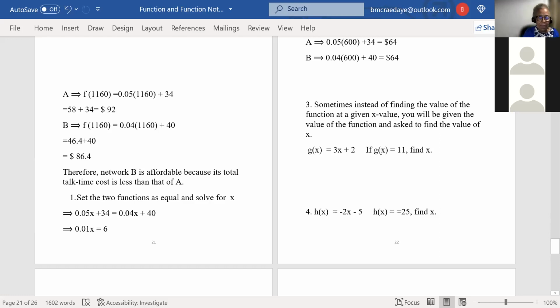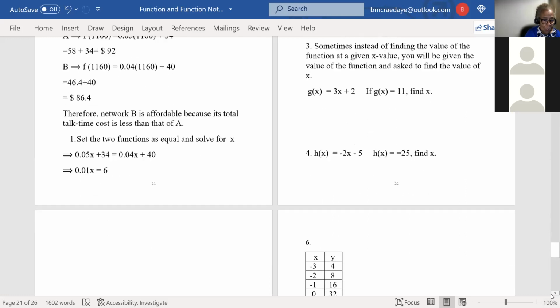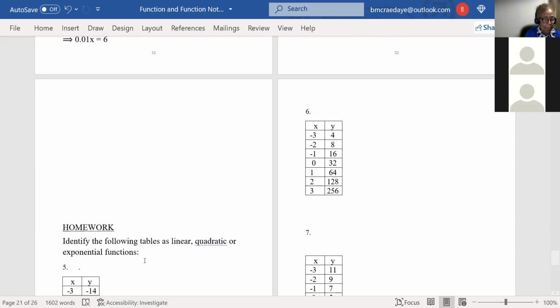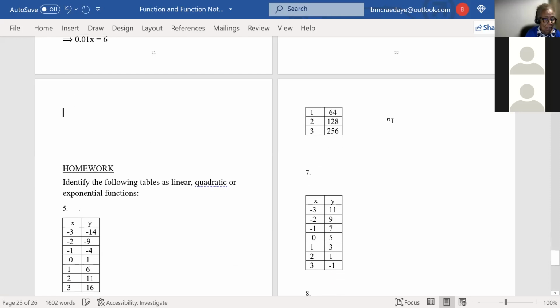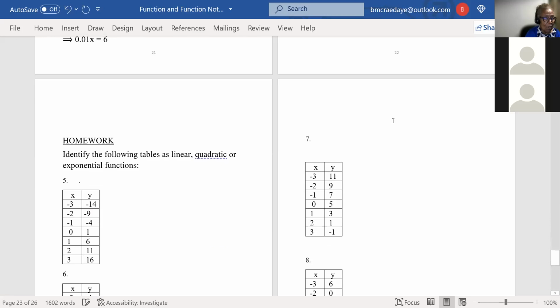You're given the output 11 and you define X. So you're gonna put 11 equal 3X plus 2. And the same for this one. You're given the output 25, so you're gonna put 25 equal minus 2X minus 5. Find X, okay? And then I'm giving you some tables and you just tell me if they are linear, quadratic, or exponential.